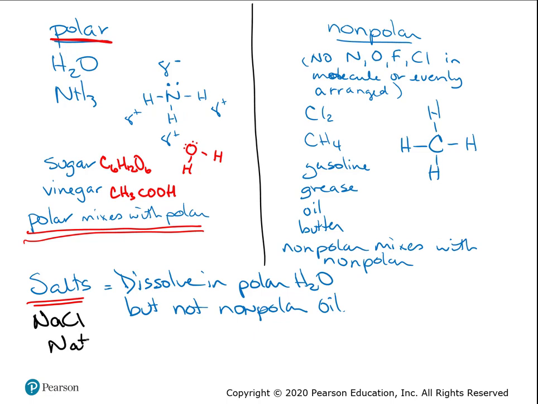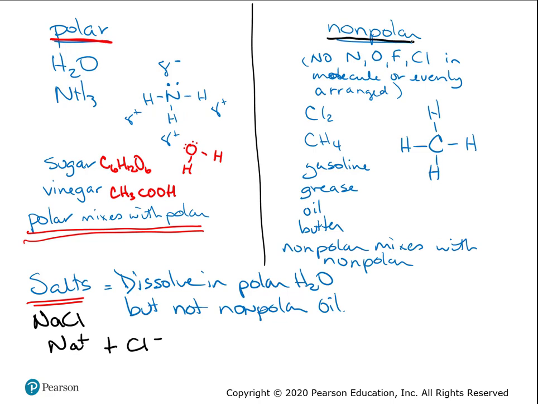Remember we talked about how salts exist as ions? They exist as sodium ions and chloride ions, and that can mix with the water because the water has that slight charged nature. So being charged and slightly charged, positives and negatives are attracted. This is why salts and water and anything that's ionic or polar can mix together.